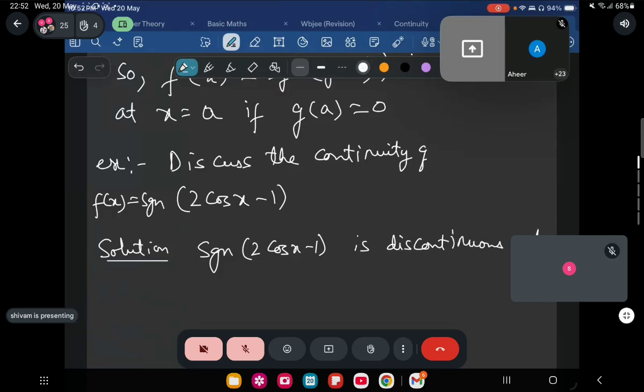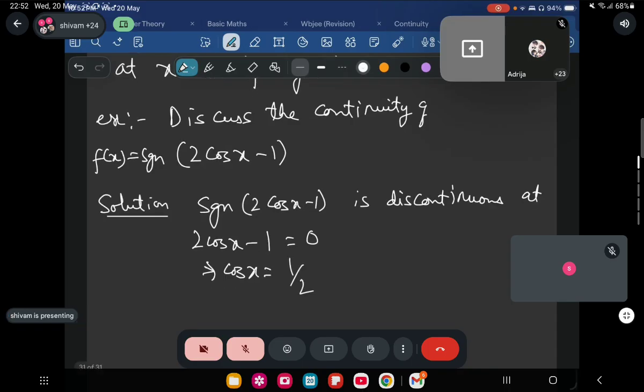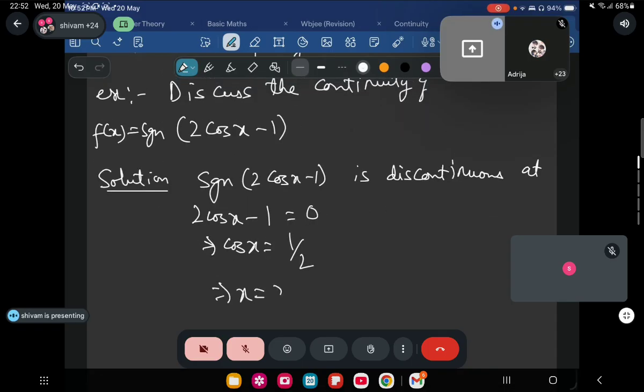Sir, it is discontinuous at x equal to 2n pi plus minus pi by 3. Correct, very good. 2 cos x minus 1 equal to 0 implies cos x should be equal to half. If cos x equal to half, this implies x equal to 2n pi plus minus pi by 3.